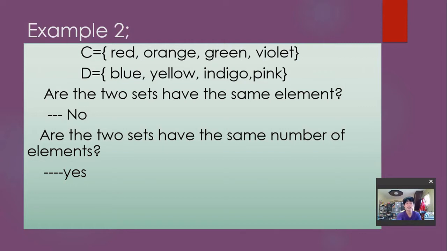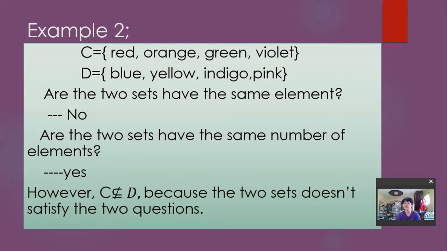The answer is no. So we could not conclude that C is a subset of D. So our answer is C is not a subset of D because the two sets don't satisfy the two questions. Because for a subset, all elements of the first set should be found in the other set. That's subset.